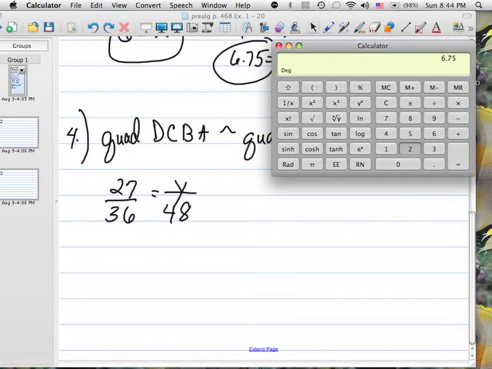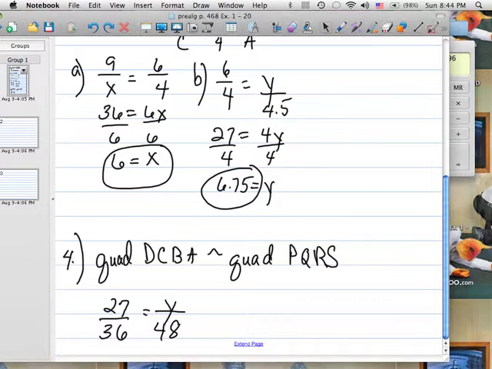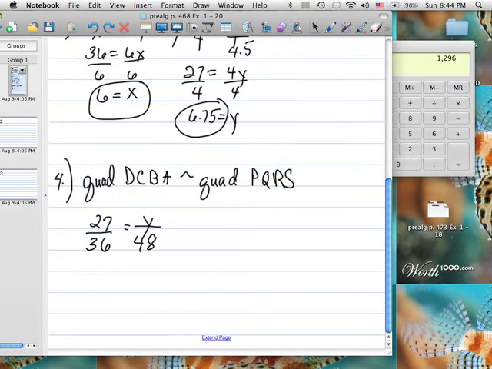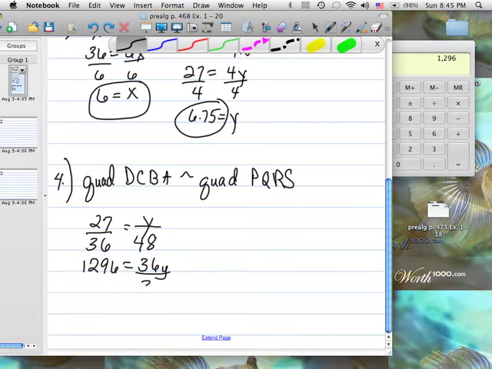we get 27 times 48, which is 1,296, equals 36y, and then divide by 36.